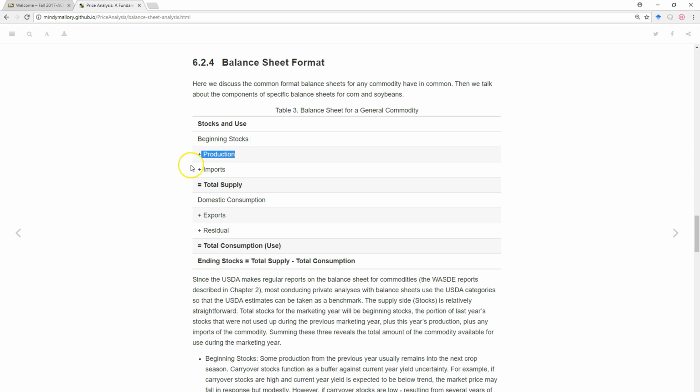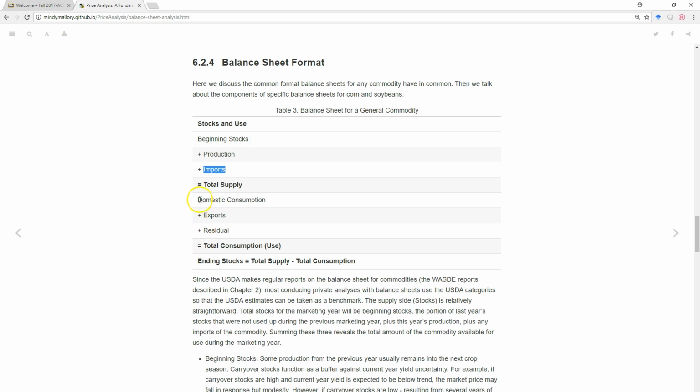And then we do import a modest amount of many of these commodities, even though we are major world producers of it. So we'll keep a line there to keep track of how much of the commodity is coming into the country. And that pretty much makes our total supply. So how much did we bring in from the last year? How much did we produce ourselves this year? And how much did we import from other countries? That's our total supply for one marketing year.